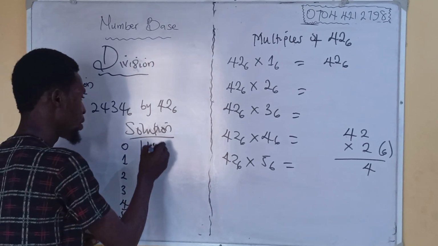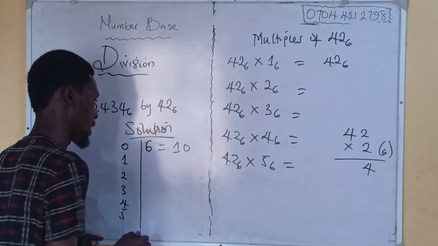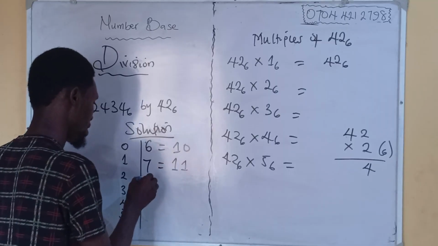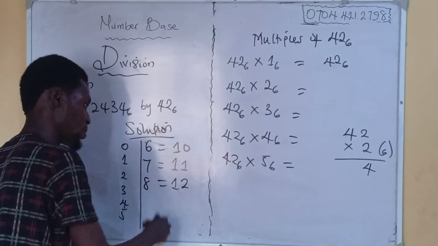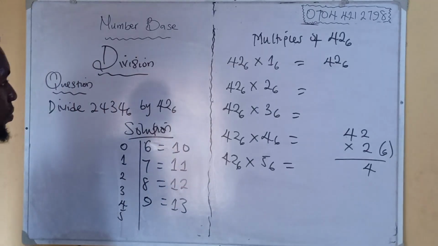So you know that 6 will be equal to 10. 7 will be equal to 11. 8 will be equal to 12. In base 6, so 9 will be equal to... This is what you have.